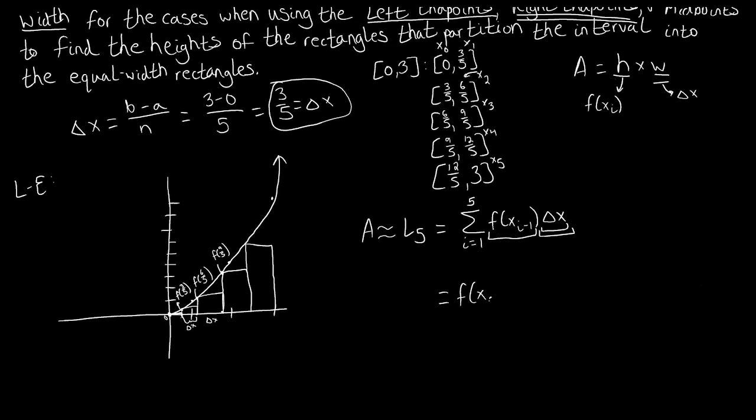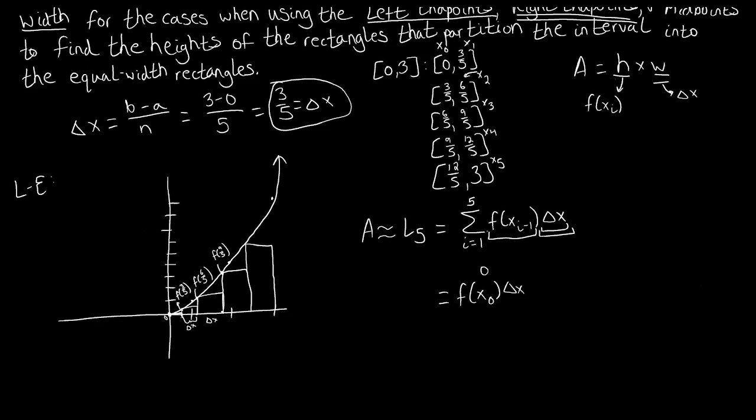So we're going to get f of x sub 0 times delta x, because there's nothing indexing the delta x, so we just write it as it is. So here, in this first term, we're taking our index variable and subtracting 1 from it to talk about which x we're referring to. And in this case, we're talking about 0, right? Because we said that x sub 0 was 0 itself, and that was our first left endpoint rectangle that we used. Okay, does that make sense?